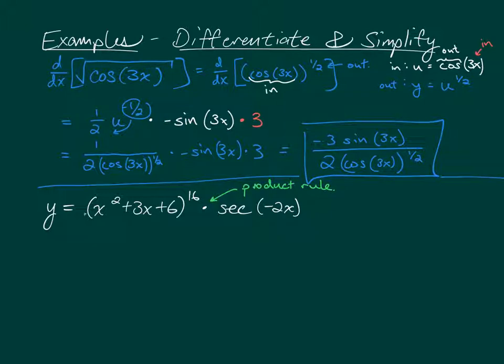So I know here's the first function, or the first part, and here's the second part. So I'm just going to write out the product rule as normal.